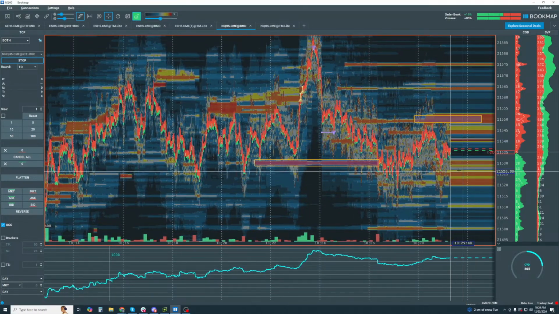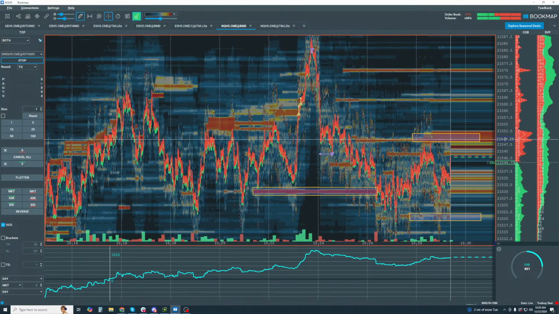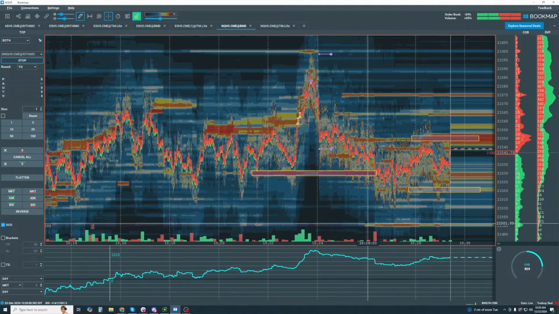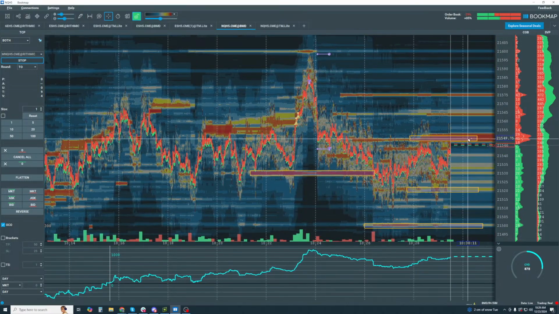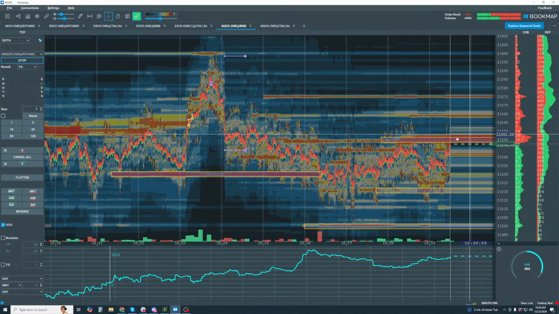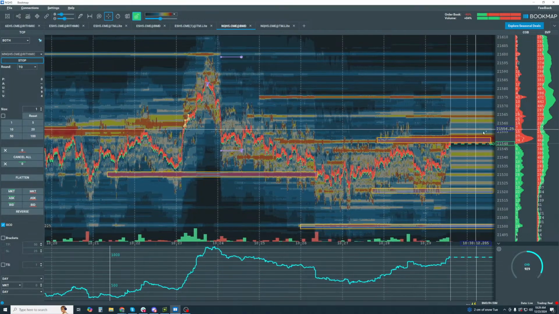Well, you can see an algo in here working. I mean, you can see them in here, but what about the bigger, higher time frame? Well, they're down here, okay, at 500. So we want to understand the supply and the demand from the passive side, not the aggressive side.